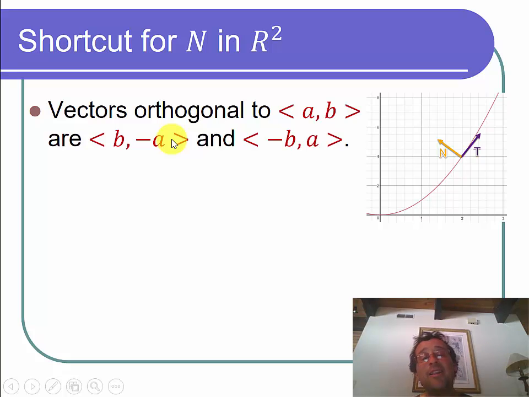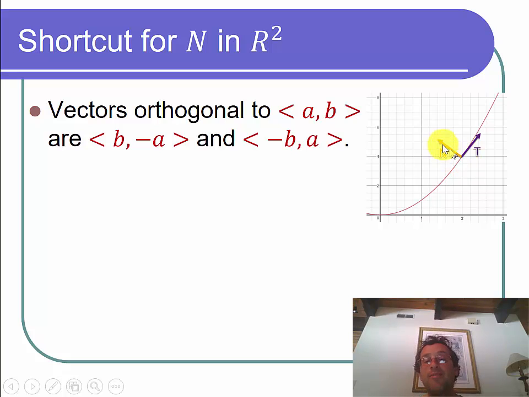Now, you can make the other one negative if you want to. So if we take the dot product of a comma b with negative b comma a, you get negative ab plus ab, and that's also 0. So there's always going to be two choices, and we knew that. So the way you decide is you sketch a little picture, and you look at the normal vector that should be pointing into the curve, and then you choose the one that is correct.